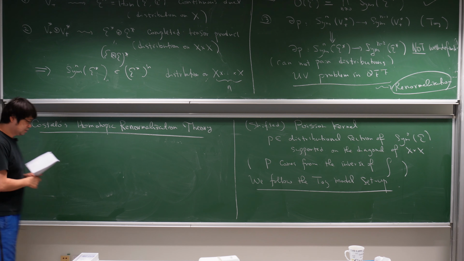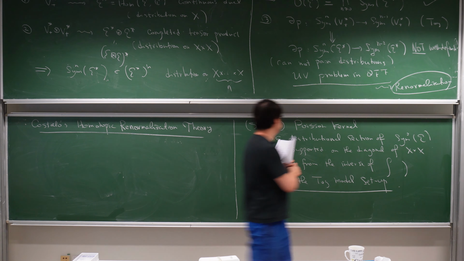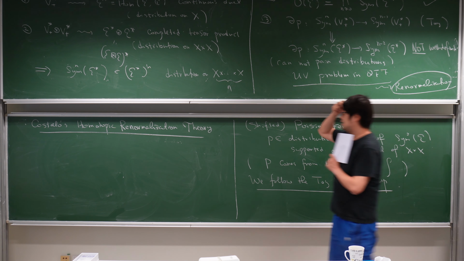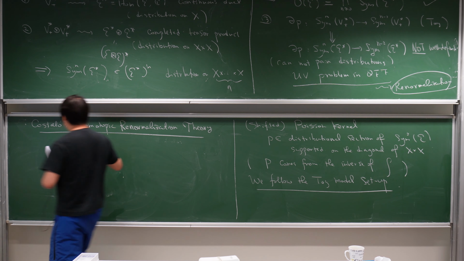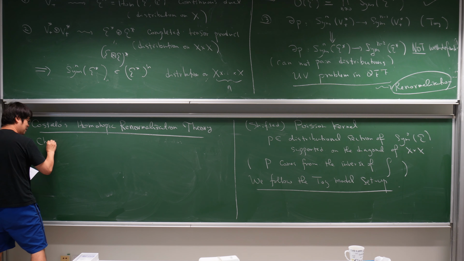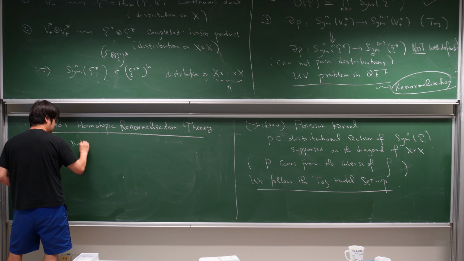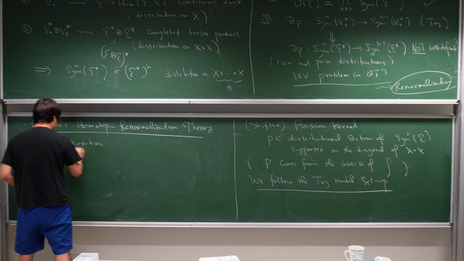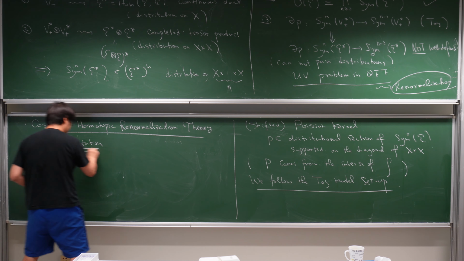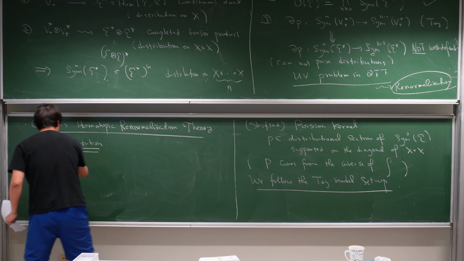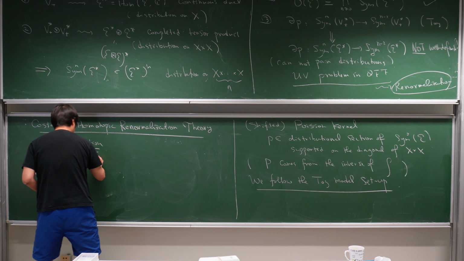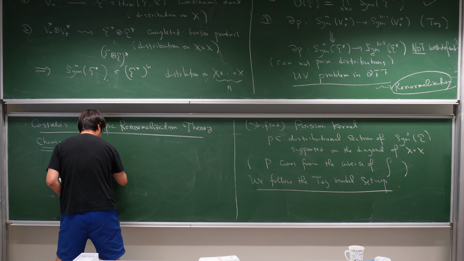Okay, so let me explain the basic idea. For some purpose, I want to change notation. I apologize for this, because there's something which will appear again, so I want to change the notation a little bit. I'm going to replace this P by K naught.